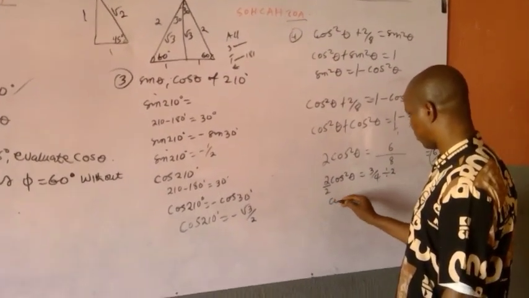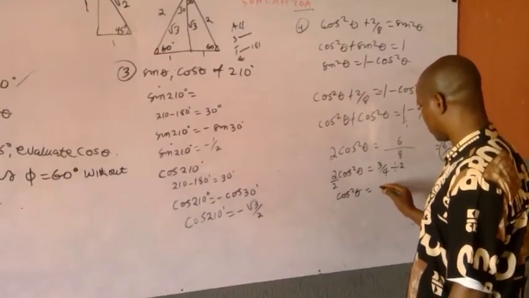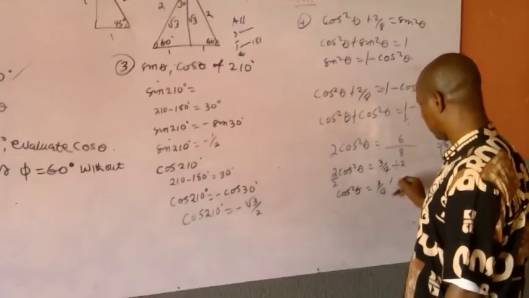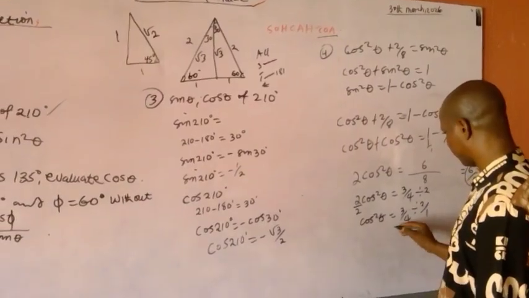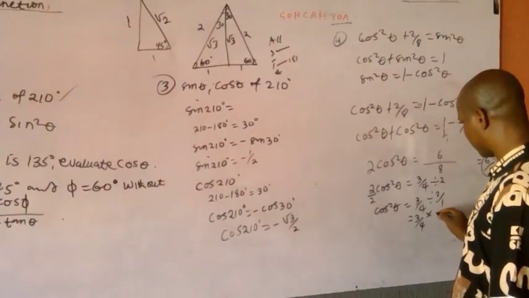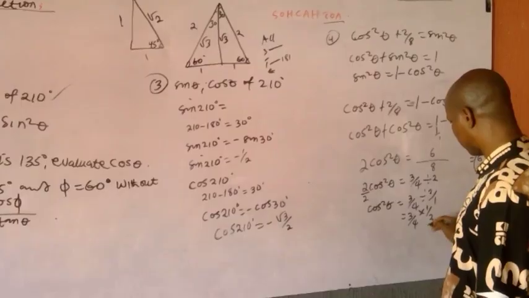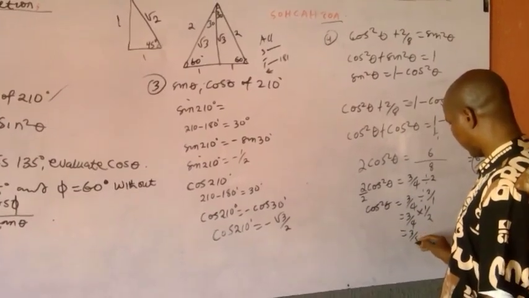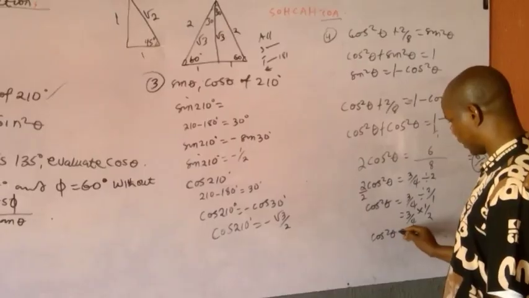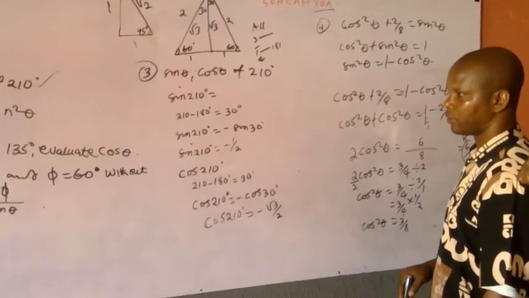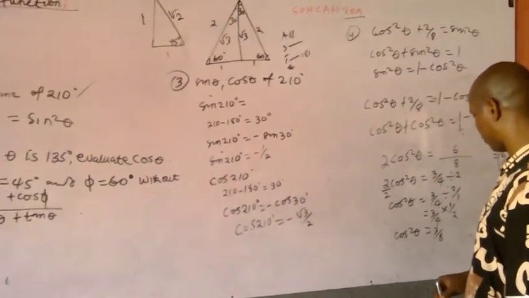So cos square theta is equal to 3 all over 4 divided by 2 all over 1. Let's do it normally. So 3 all over 4 times 1 all over 2. So I have my 3 all over 8 here, because 2 times 4 is 8. So cos square theta is equal to 3 all over 8. But that is not what you are asked to do.